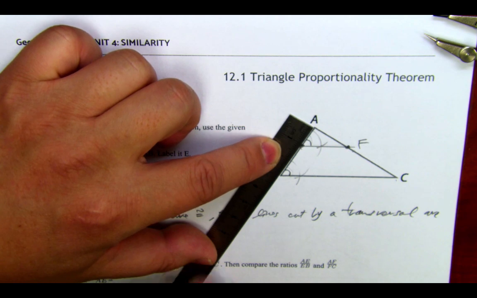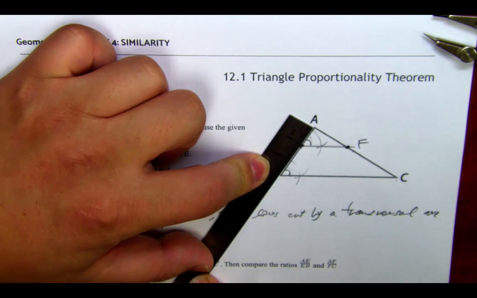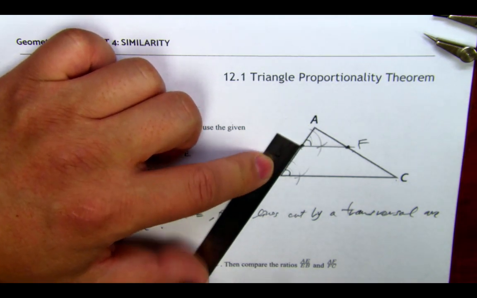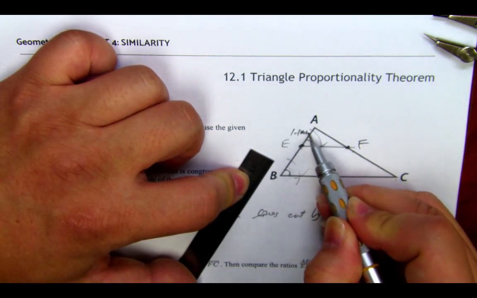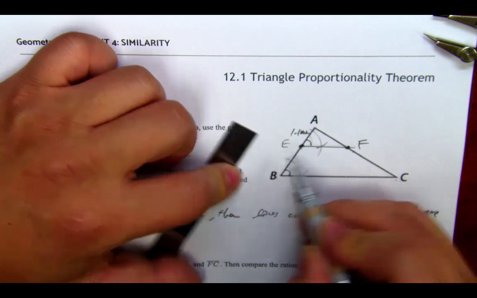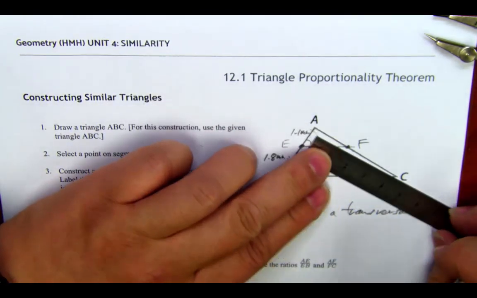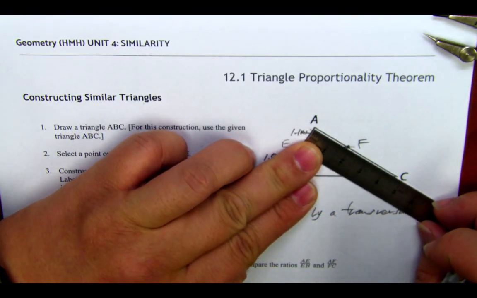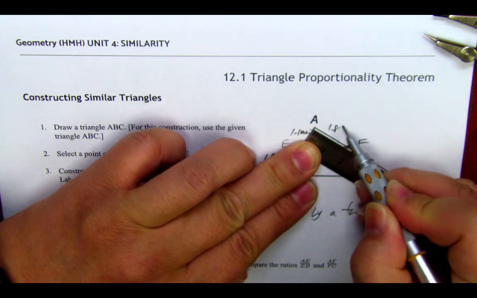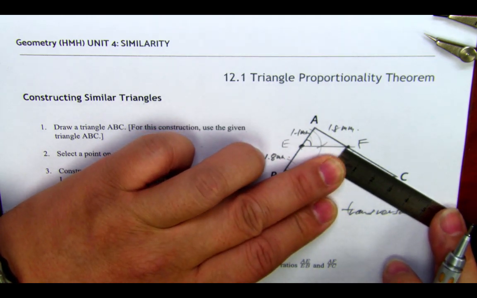I could see it's about 1.1, and that right there is 1.8, and that right there is 1.8, and right here is 2.9.